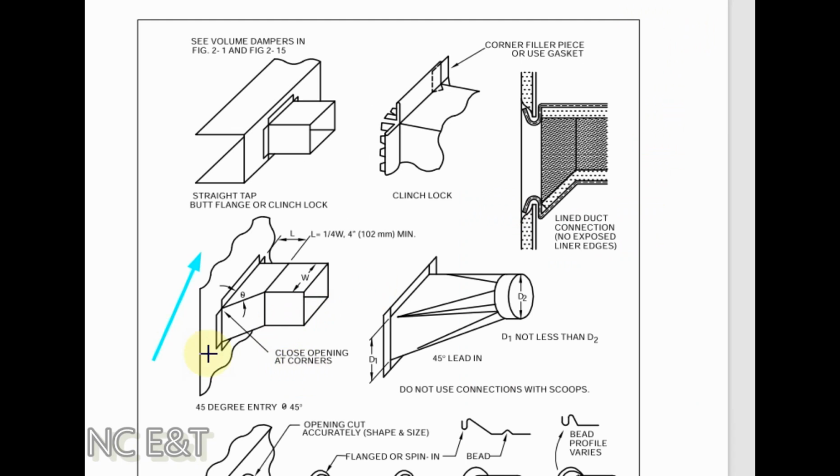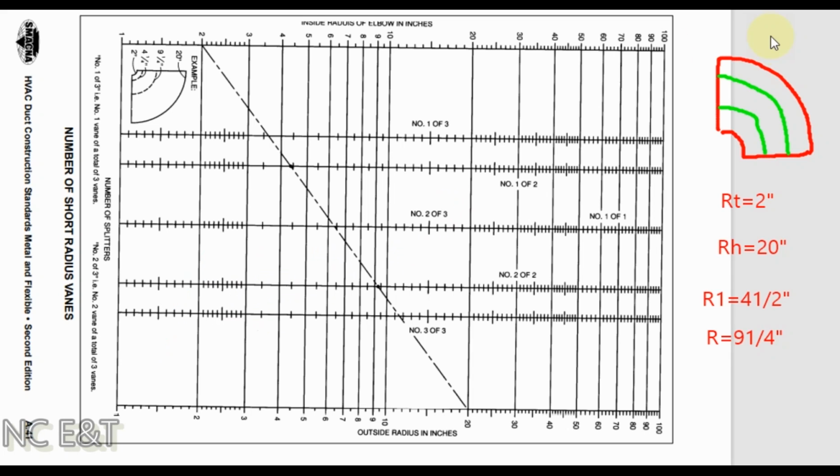For a simple takeoff from the duct, you need to make a slope of 45 degree in the direction from where the air is coming, and the length of this takeoff will be L equal to 1/4 times the width of the duct, and this value should be minimum 102 millimeter.